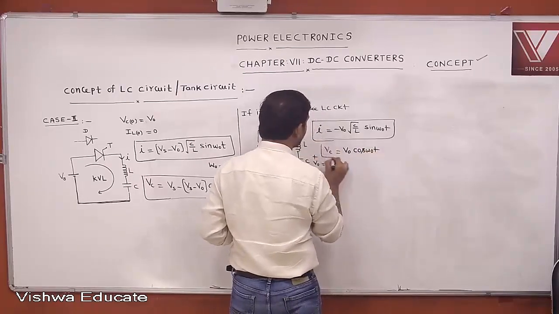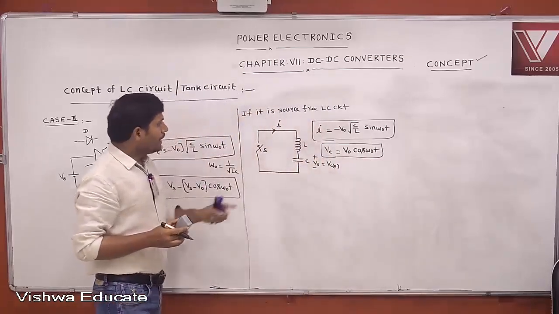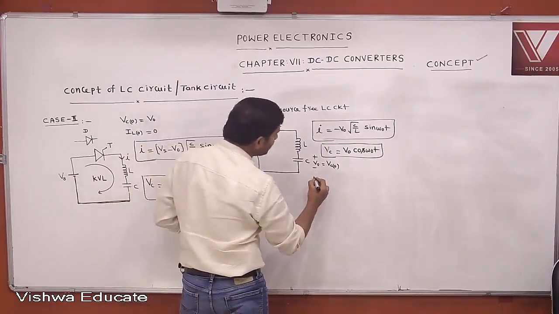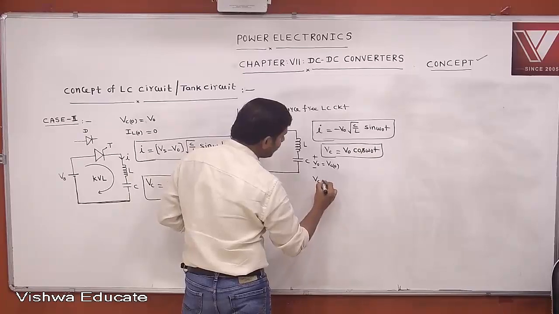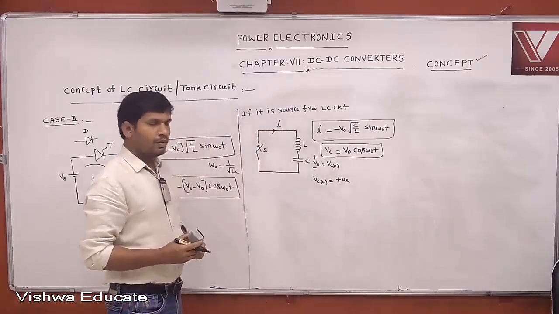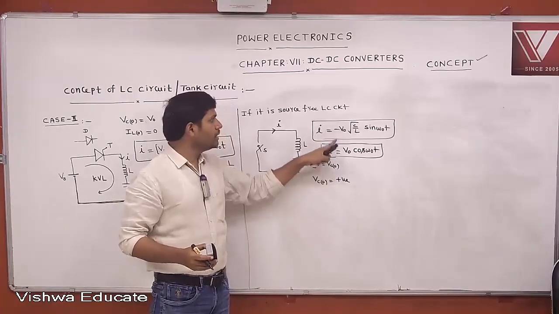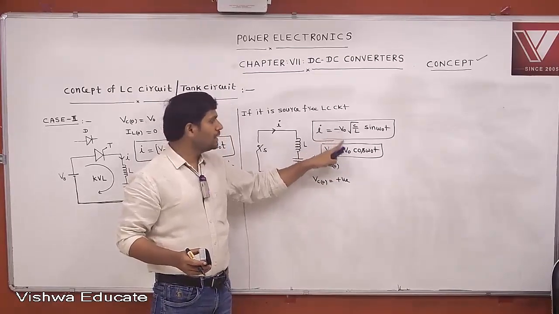Here I have taken Vc of 0 as positive. If the initial voltage across the capacitor is negative, then the plus is taken and it becomes minus.